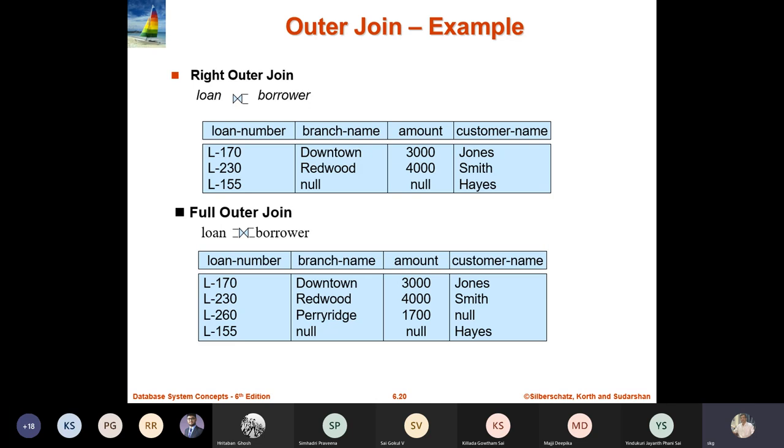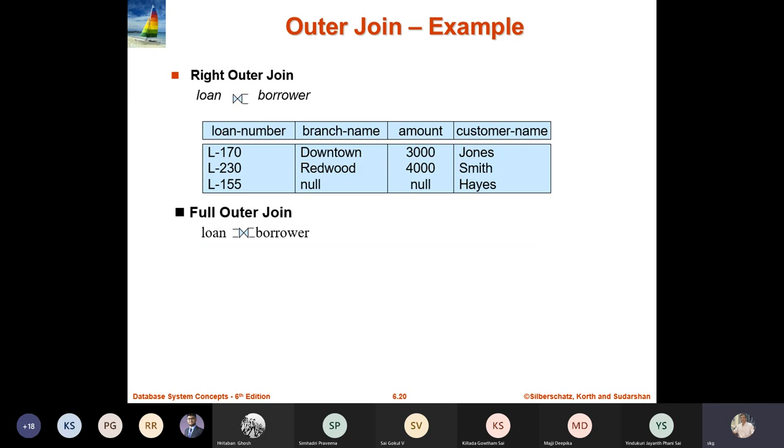There may be scenarios where we want to do other operations, like finding the total number of loans given, or what are the different customers who had taken a loan from some branch, and so on. In those cases we don't want to lose any information through these join operations. Okay.